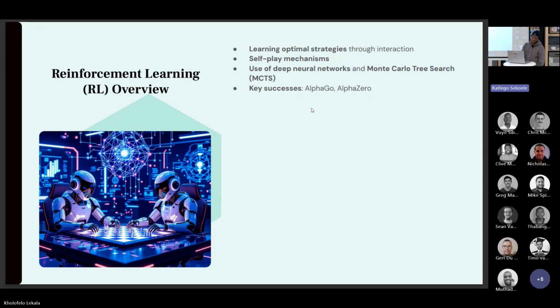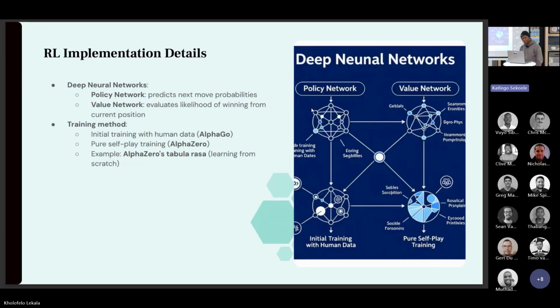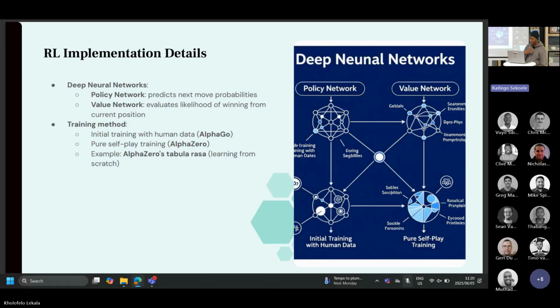For the implementation, since neural networks are normally used these days, you can use a neural network to create a policy network, which the agent uses to determine the probability of each move within a certain state. You can also use a neural network to evaluate the likelihood of winning from the current position when making a certain move.